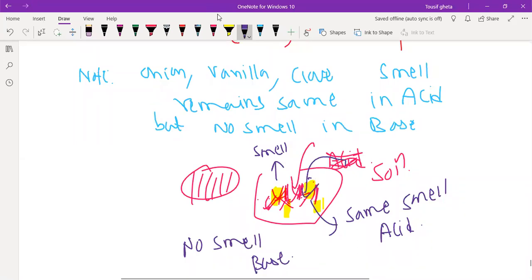When you add acid, you will get the same smell. When you add base, the smell will get changed.